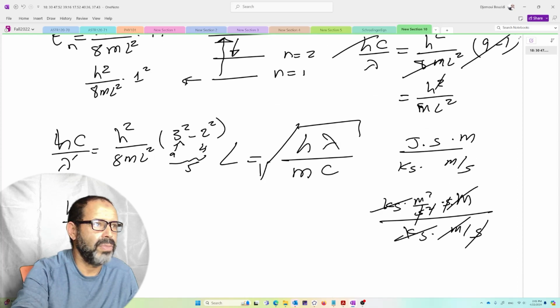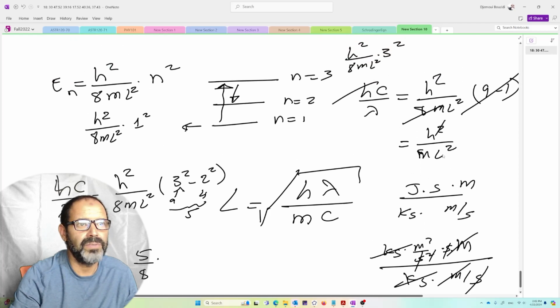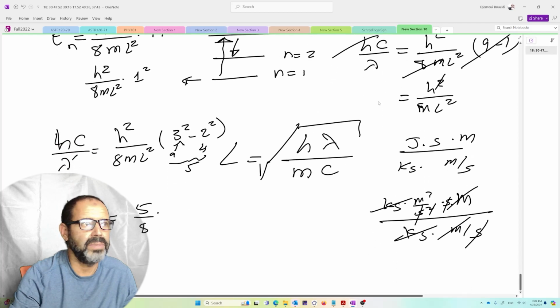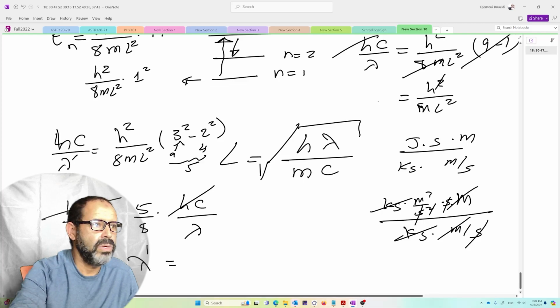Obviously, we could do the whole math in here, so it's 5 over 8 times h squared divided by m L squared. If you notice from this relationship, h squared over m L squared, that's exactly hc over lambda. Okay, hc over lambda, cancel the hc over the hc, and lambda prime should be equal to 8 over 5 lambda.